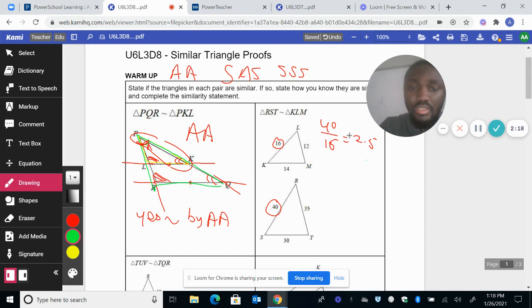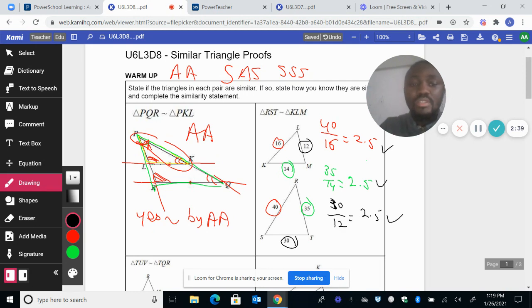Medium over medium, that's 35 over 14, which also gives me 2.5. And then lastly, small over small, that's 30 over 12, that gives me 2.5. As you can see, these three numbers are the same, 2.5, so they are similar by SSS.